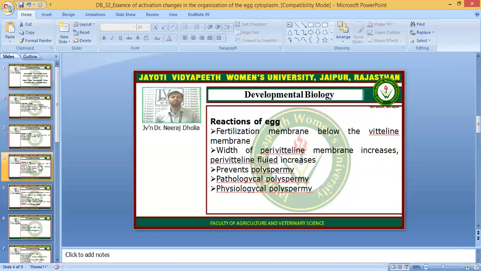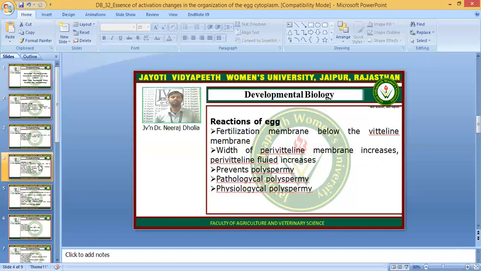So the reactions of the egg: the formation of the fertilization membrane is there. So the fertilization membrane is created below the vitelline membrane of the egg. Okay, so the vitelline membrane is already present there, and when the male gamete activates the egg, the formation of the fertilization membrane below the vitelline membrane is there, and the width of the perivitelline space increases.